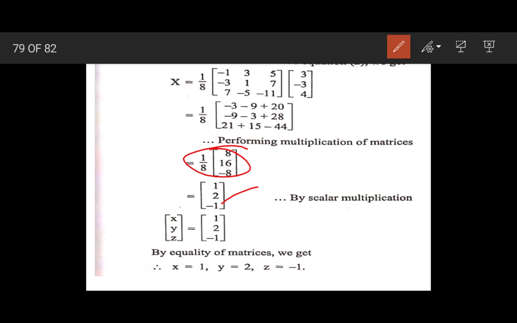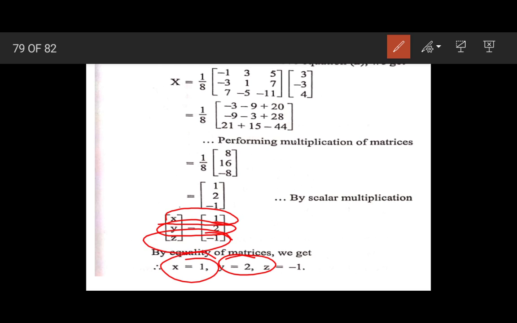Now the left hand side is capital X. Capital X is a matrix of variables, so capital X is a matrix of x, y, z. Okay. Now by equality of matrices, matrices are equal means all the elements are equal. So x equal to 1, y equal to 2 and z equal to minus 1.